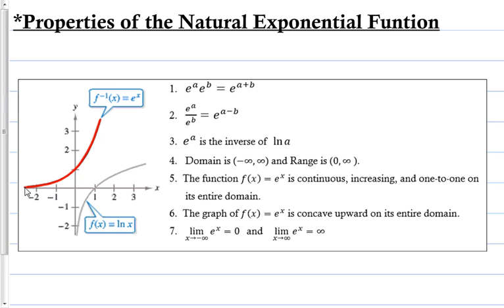Note, in the picture, e to the x is the inverse of the natural log function. The natural log function would be the one down here, which is why, if you recall from pre-calculus and maybe algebra 2, e to the x and natural log cancel each other out.